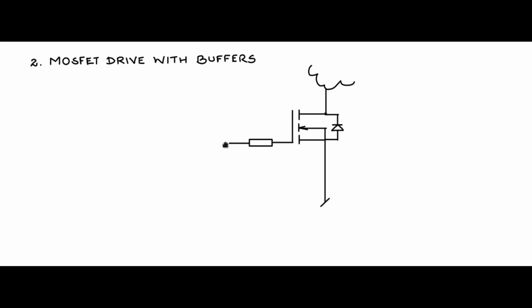In order to speed this up, we can use a buffer. I could use a non-inverting buffer like this. Typical non-inverting buffers are the CMOS buffers like the CD 4050. This is a typical non-inverting buffer which can sink 5 milliamps and source slightly more than 1 milliamp.